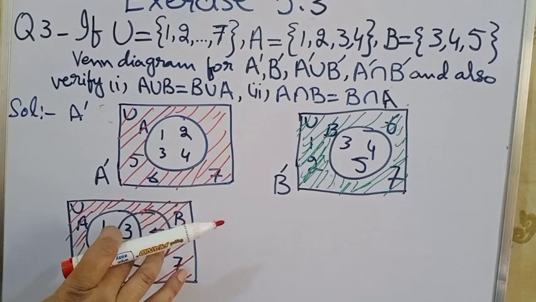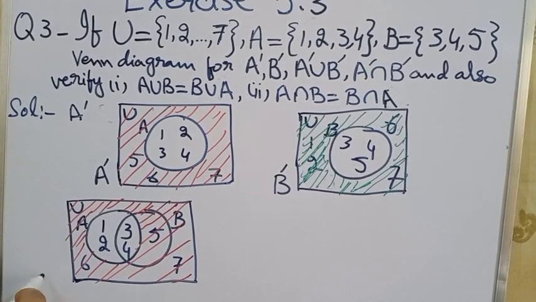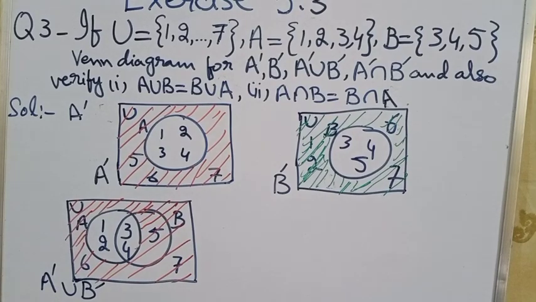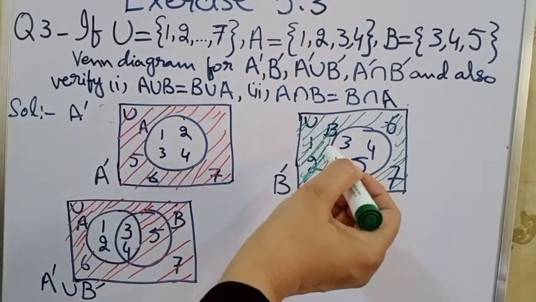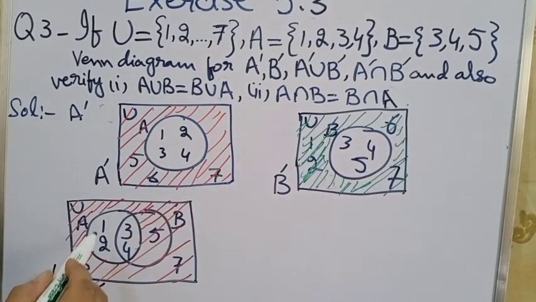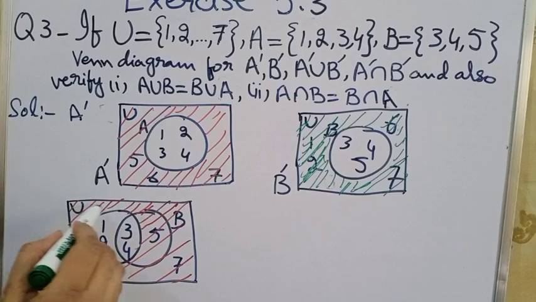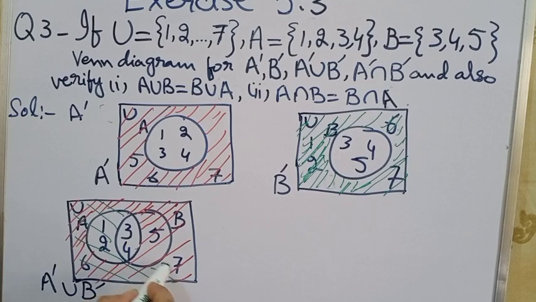Can you understand this easily? This is the set A complement. Next we have to find B complement. B complement has 1, 2, 6, 7. These elements are contained in B complement.